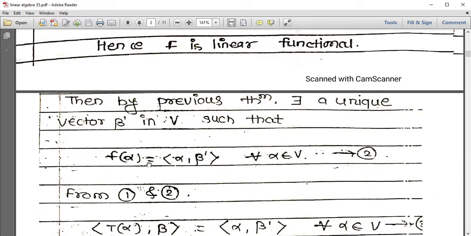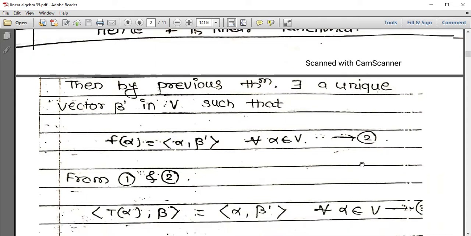How can we write like this? Because in the previous theorem we saw that for every linear functional f there exists a vector beta dash in V such that f of alpha is equal to the inner product of alpha with beta dash for all alpha belonging to V.